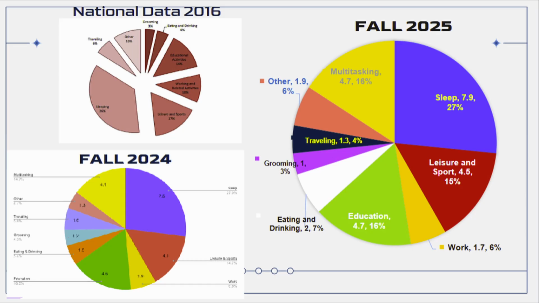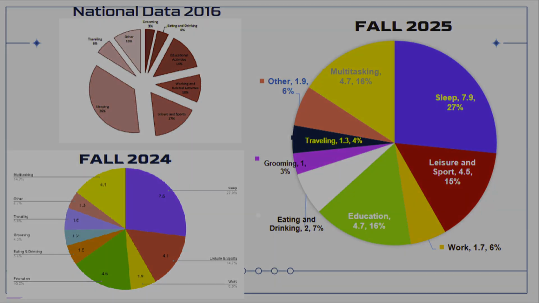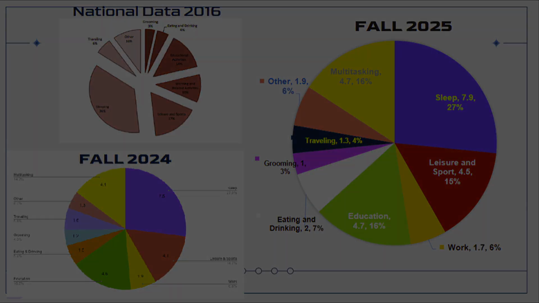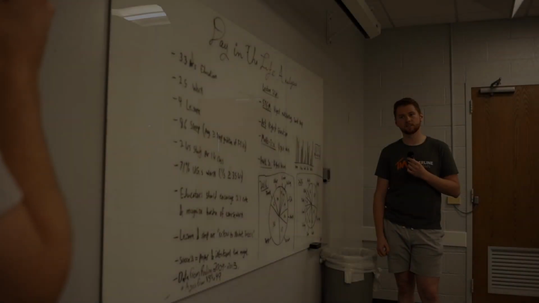So there might be a few percentage points that went to multitasking with listening to music or watching TV while you study. Otherwise, the categories were pretty similar. So I would say that sleep and educational activities, and maybe leisure, are the most noteworthy. And yeah, that was all that we got from the day in the life data.